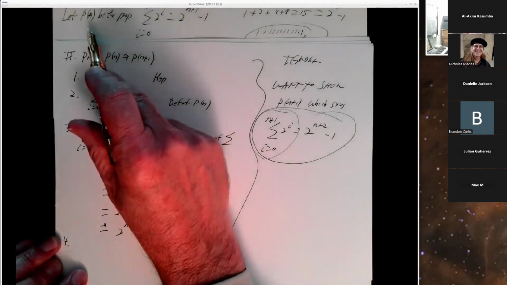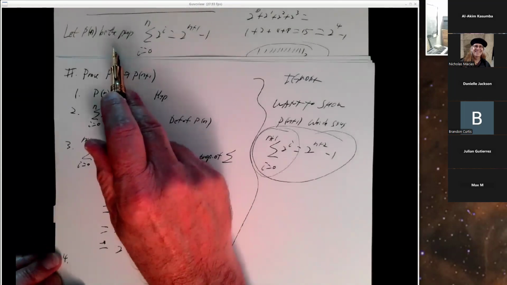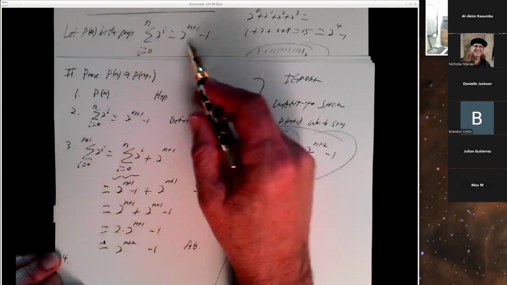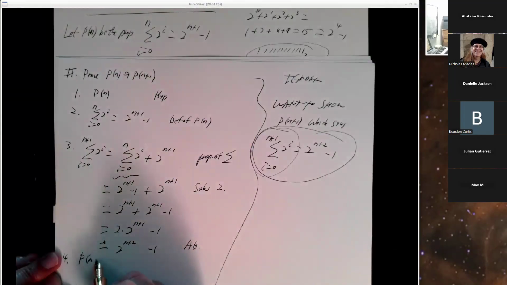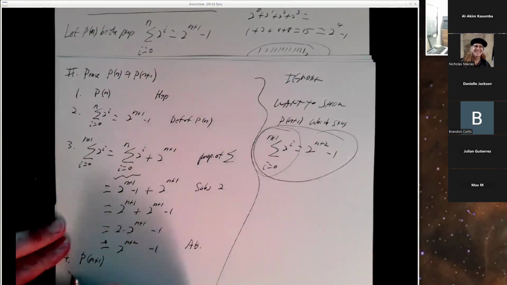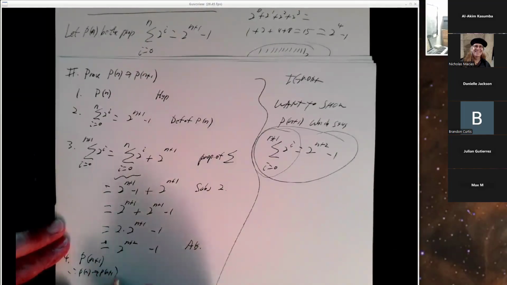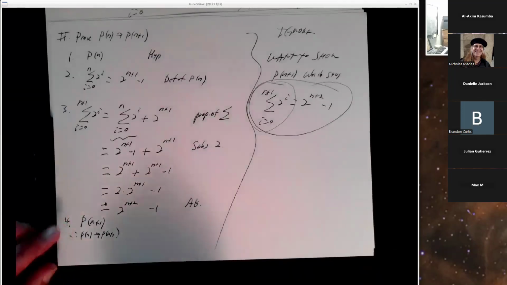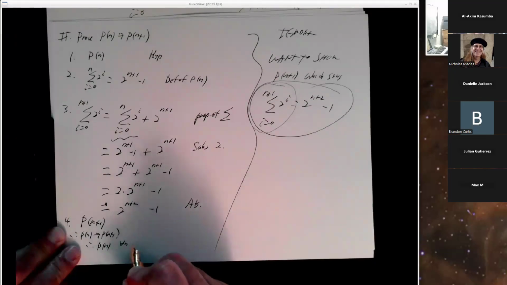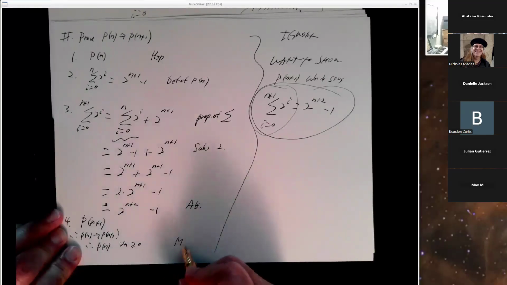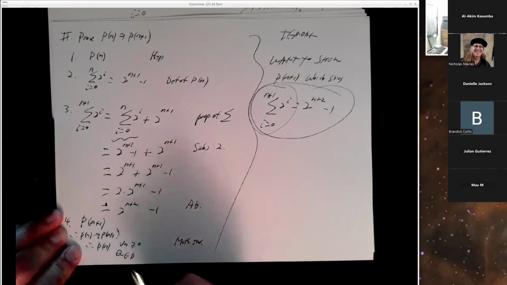That is what P of n plus 1 says, right? If we take the sum up to n plus 1, we get 2 to the n plus 2 minus 1. So we've just shown P of n plus 1. Therefore, P of n implies P of n plus 1. And that together with the base case tells us P of n is true for all n bigger than or equal to 0. That's mathematical induction. And that's what we wanted to show.